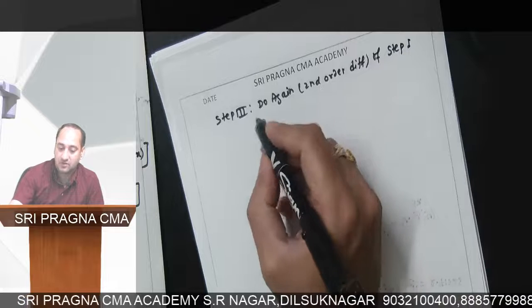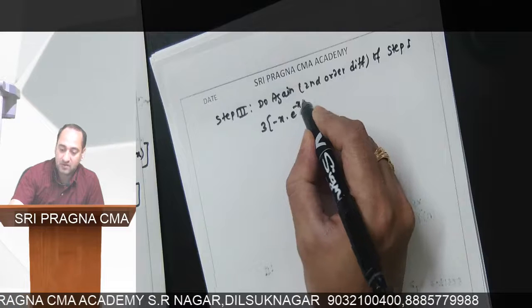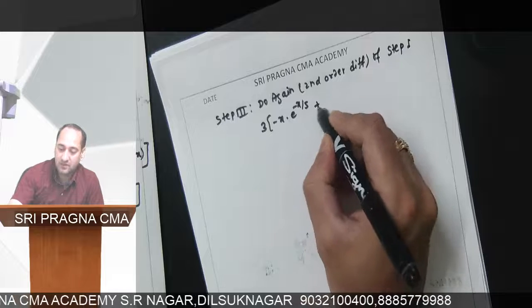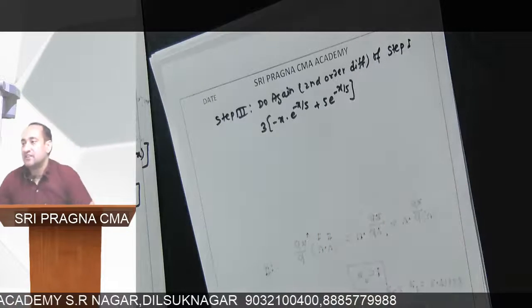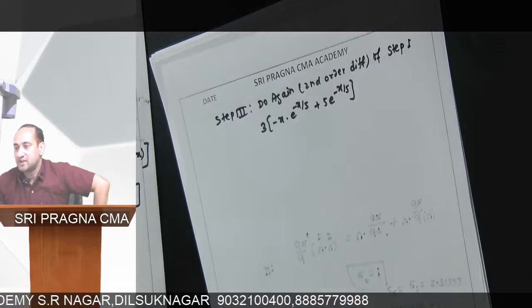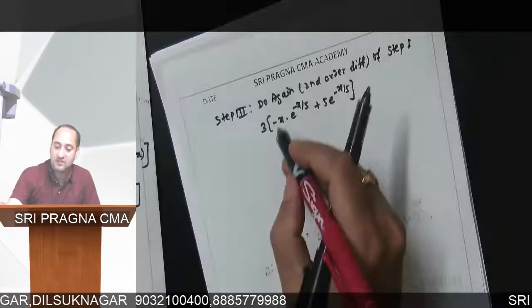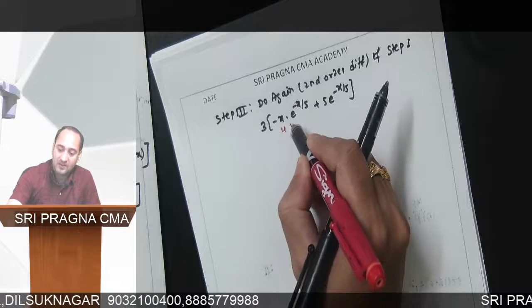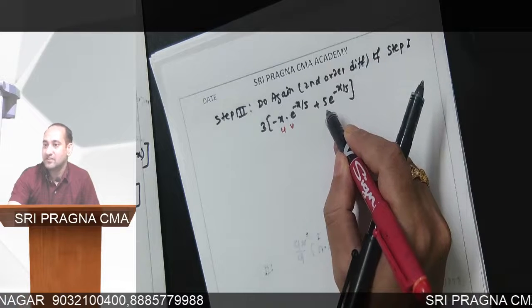So what we are going to do? We have to do the differentiation of 3 minus x e to the power minus x by 5 plus 5 e to the power minus x by 5. If you see this again, it is in the form of u and v, and this other part is not in the u and v form, it is the fixed number.